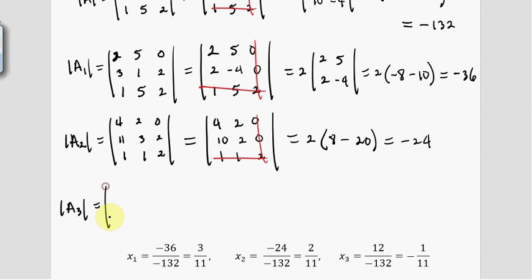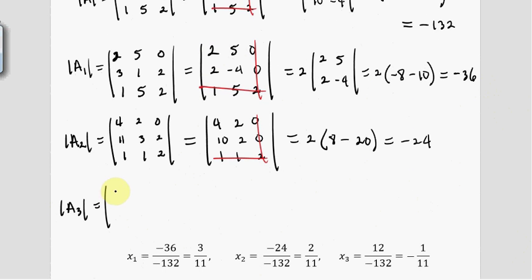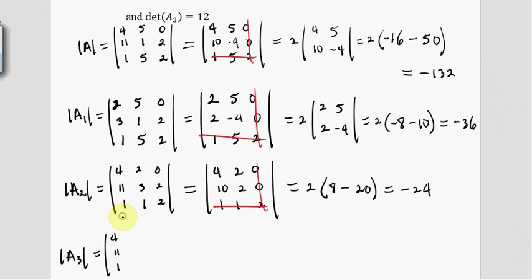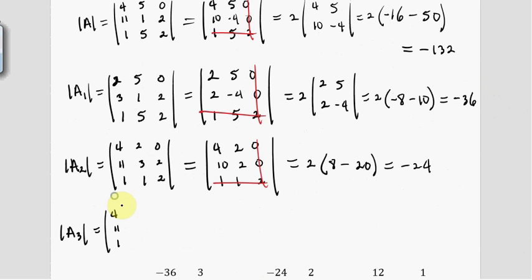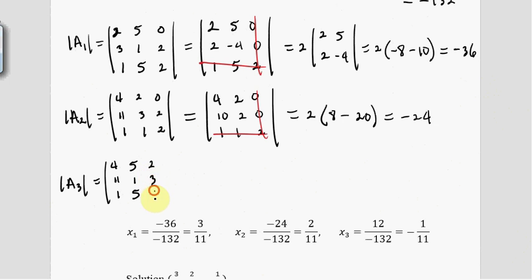A sub 3. We take this coefficient matrix, replace the third column with 2, 3, and 1. So 4, 11, and 1, 5, 1, 5, and then 2, 3, 1. Well, let's see. However you want to do this is fine.